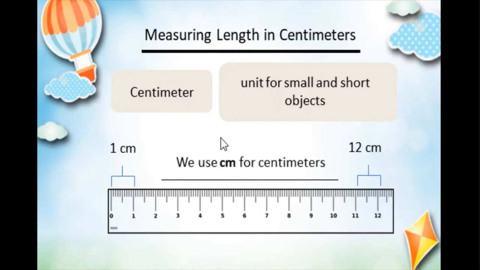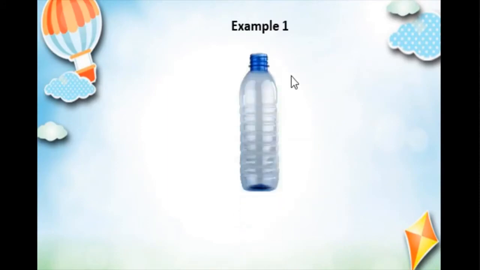And for abbreviations, we use cm as a shortcut for centimeters. Example number 1. Let's measure this water bottle. Okay? Let's measure this water bottle.